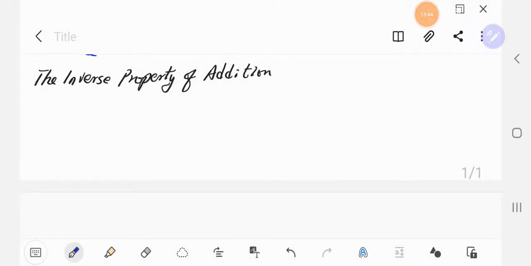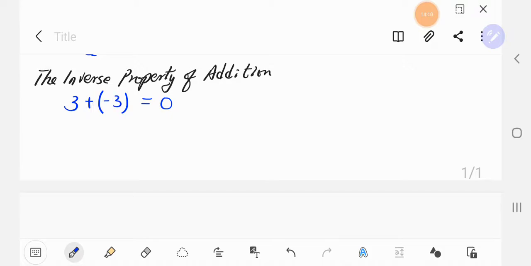Okay, the inverse property of addition is also an important property. This means we want to add two numbers so that the result will be 0. So here's the number 3, and I want to add something to this number so that the result is 0. So what should this number be? That should be the number whose sign is different.